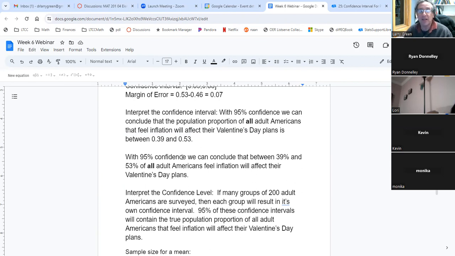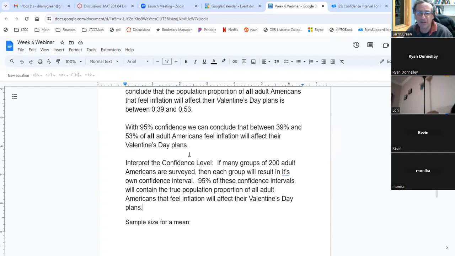Sometimes I could also say, what does it mean to be 95% confident? And that's the same thing as interpret the confidence level. You know, sometimes you say that 95% represents a probability. What does that probability mean? And that's what this means. Any questions at all on that?